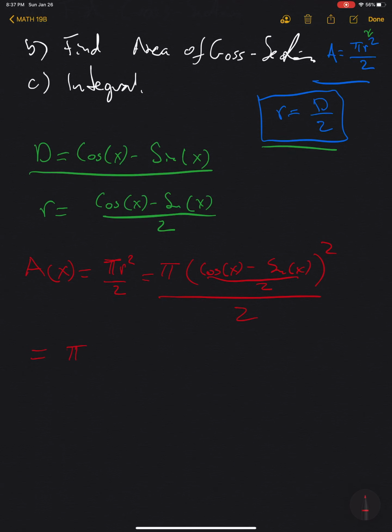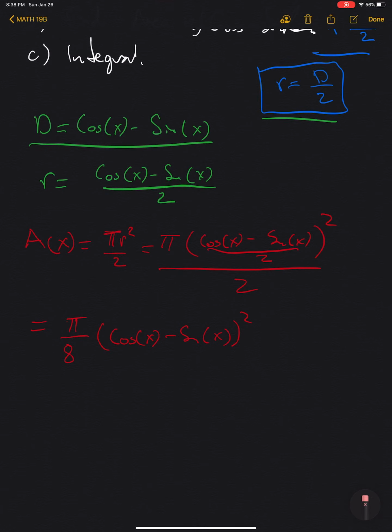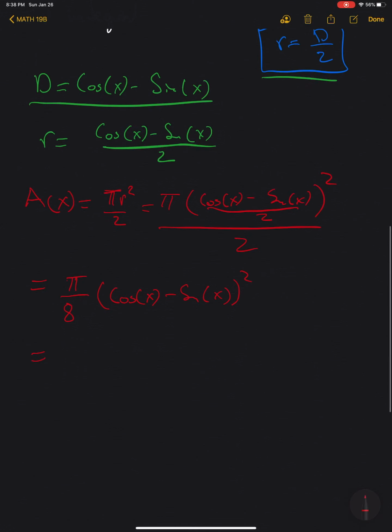I can take the 2 squared outside, that becomes a 4, and with this other 2, that becomes an 8. So I have pi over 8 times cosine x minus sine x, whole thing squared. Now I can expand this expression, and this becomes pi over 8 times cosine squared x minus 2 cosine x sine x plus sine squared x.